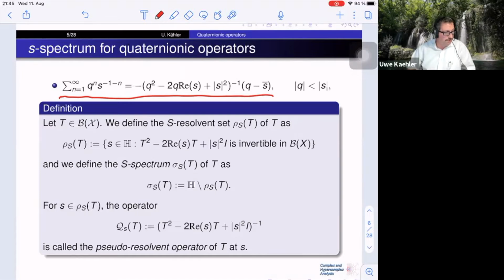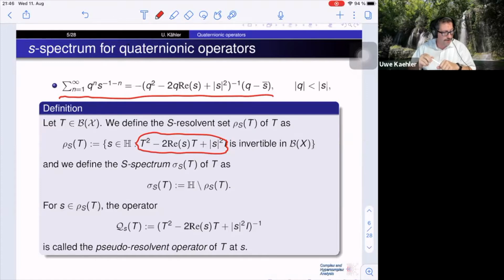And then we can use the following definition: we take T from the Banach algebra of bounded operators, and we define the S-resolvent set by asking that this denominator is invertible. And of course, the spectrum is then defined as the complementary set of all these operators.